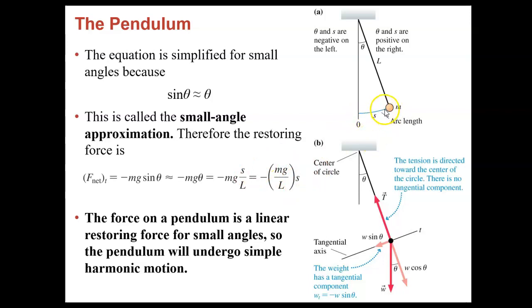So if you know the arc length that you pulled it back, and you know the length of the pendulum string, then mass times gravity divided by the length of the string, times how far you pull it back, your arc length, will get you your net force.